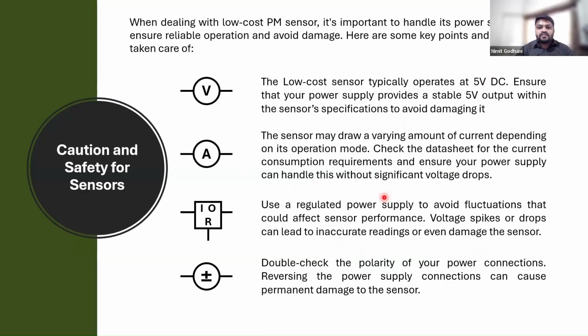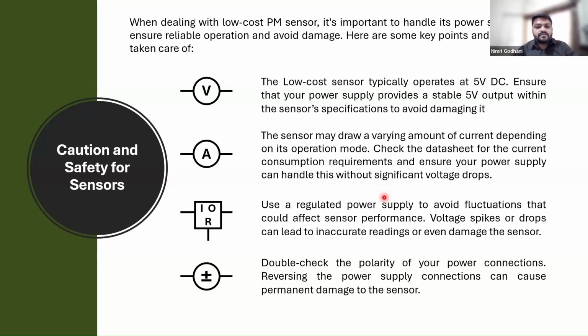For current, you have to check the data sheet for each sensor once you connect it with the motherboard and power supply, because each sensor has voltage and current limitations up to certain levels. We also need a regulated power supply to avoid fluctuations which could affect sensor performance.